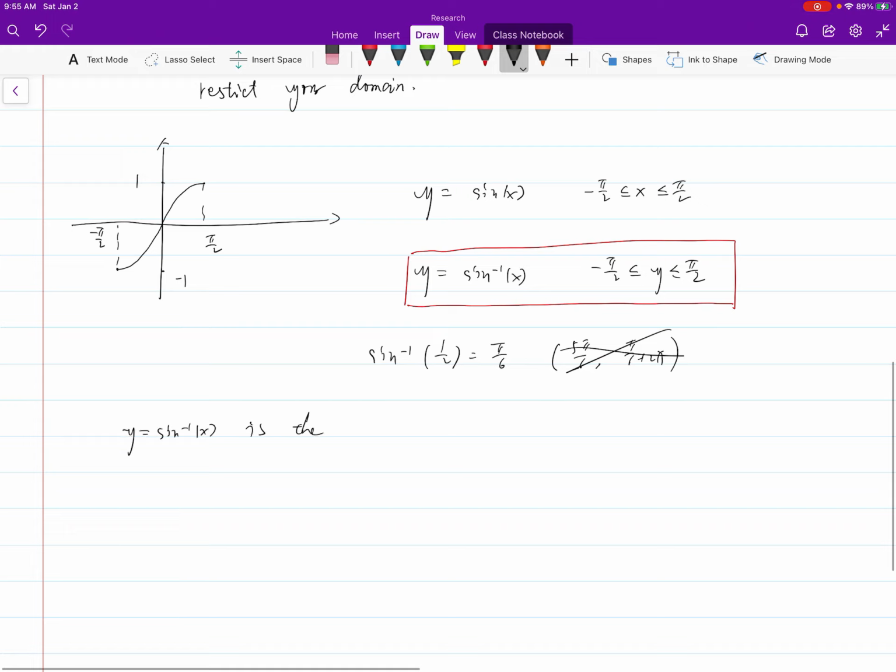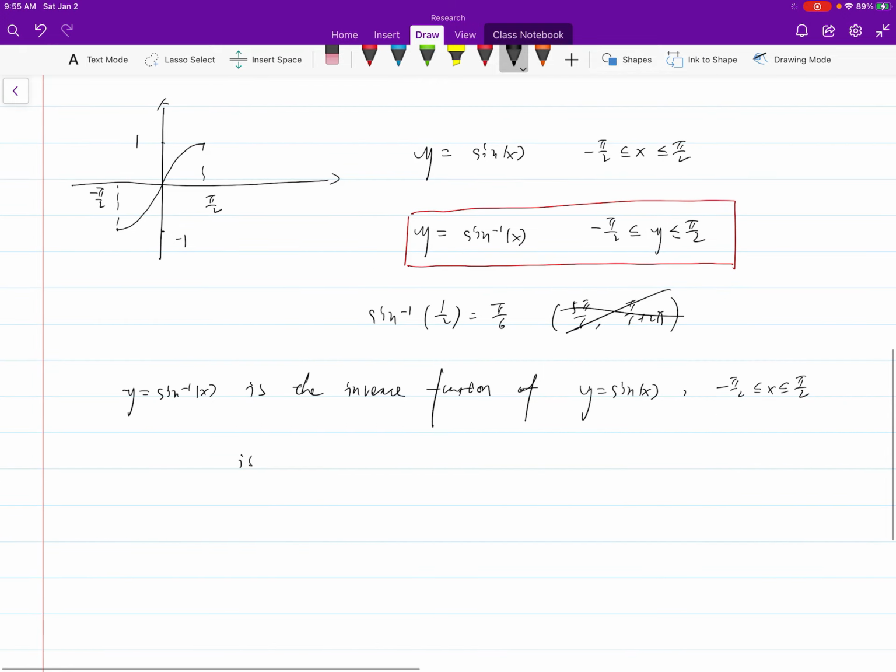of our inverse function. Technically, y equals sine inverse x is the inverse function of this with this restriction.